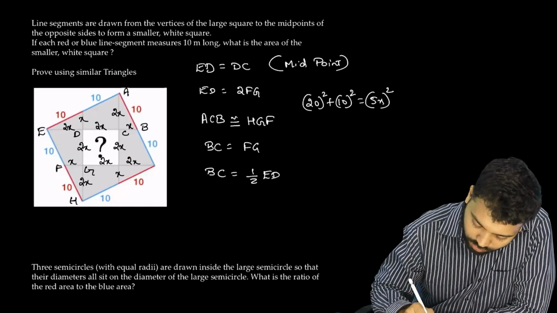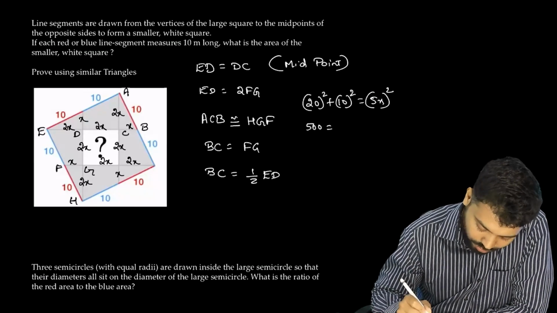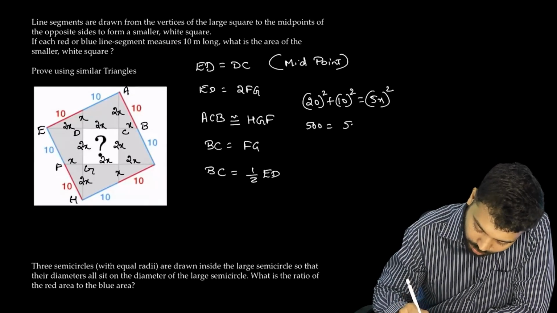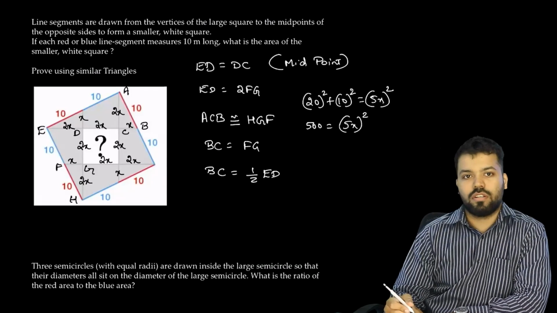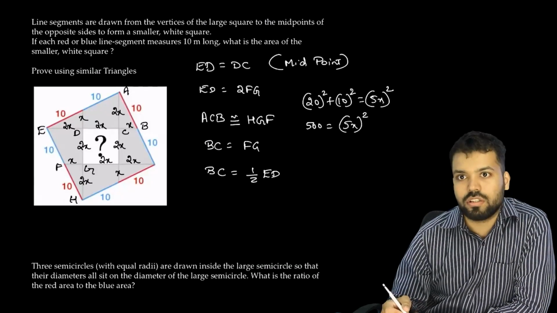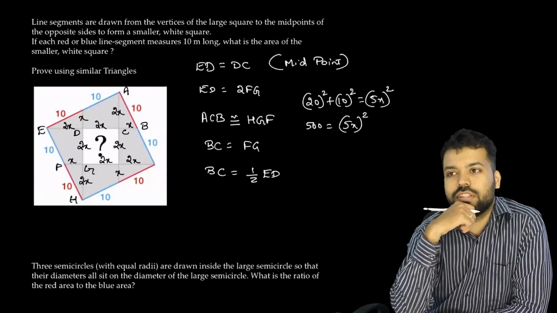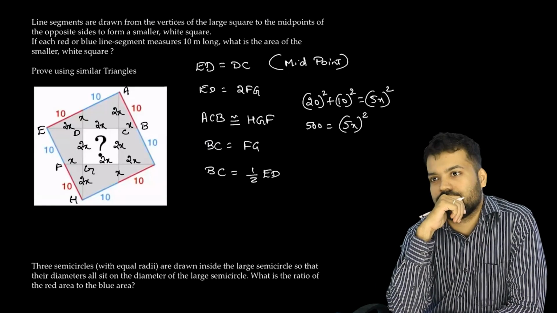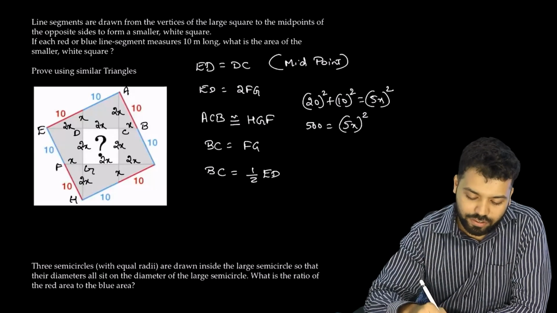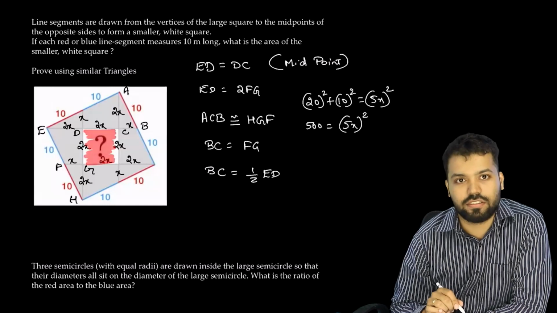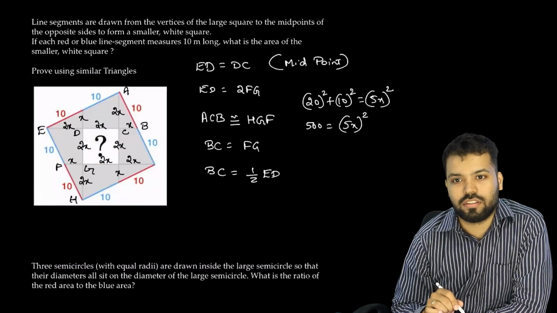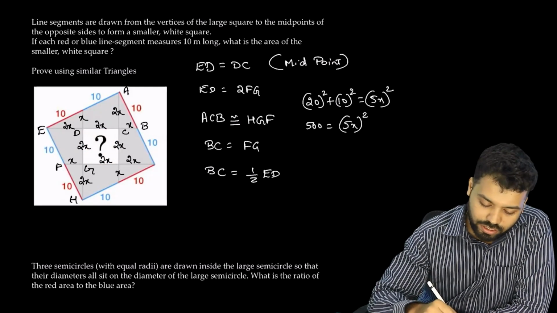Or 500 equals 5x the whole square. What do we want? We want the area. What is the area of the square here? 4x square.